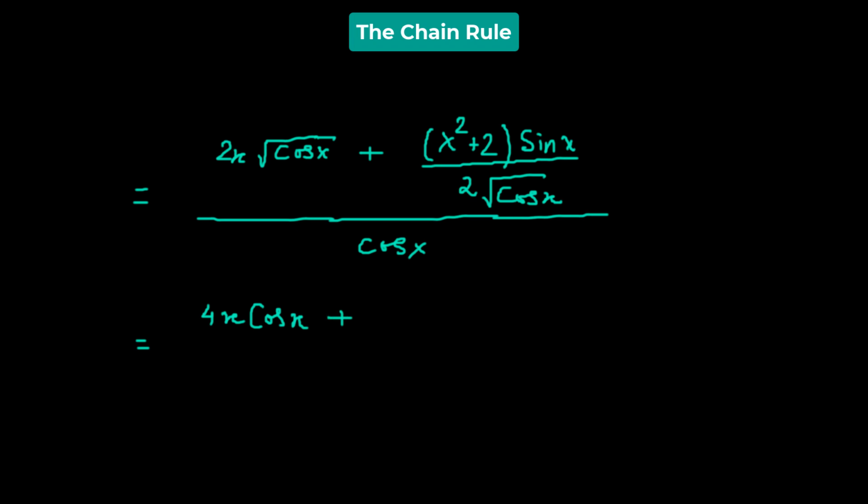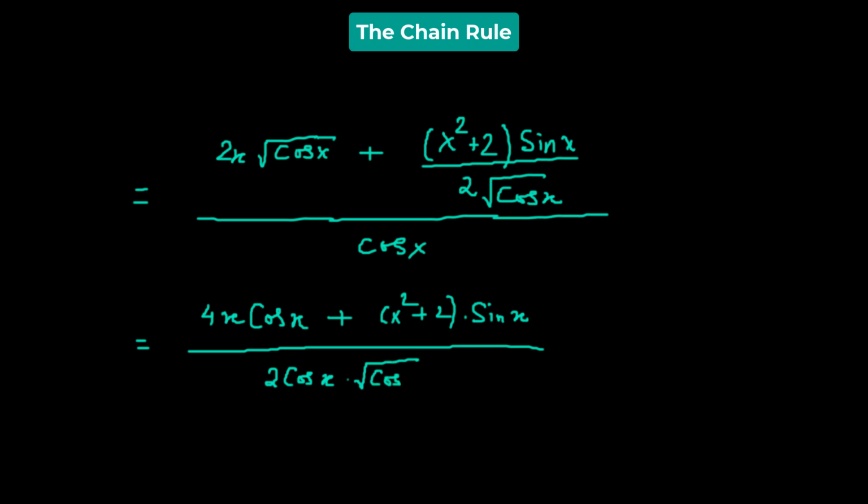Plus, so 2 times square root of cosine of x when multiplied to the second term cancels out the term in the denominator, leaving us with x squared plus 2 times sine x, whole divided by 2 times cosine of x multiplied to square root of cosine of x. So this is the derivative of our given function.